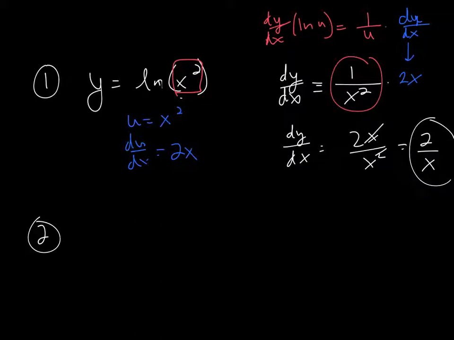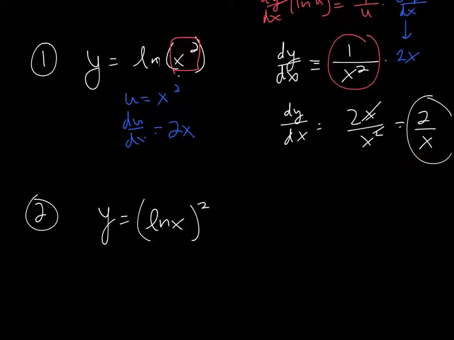Let's say that we have the function y equals natural log of x squared. Notice the difference here. I still have squared, but I don't have x squared inside my natural log. I have natural log of x quantity squared.